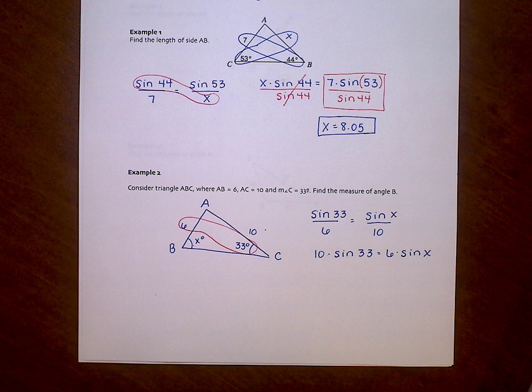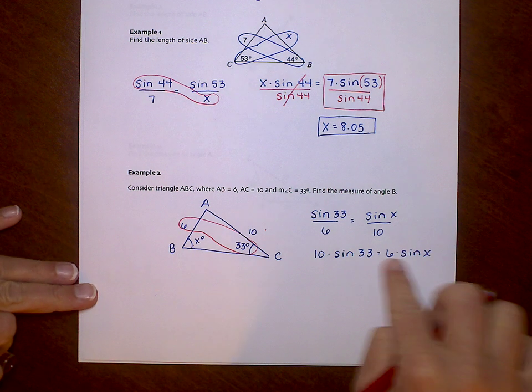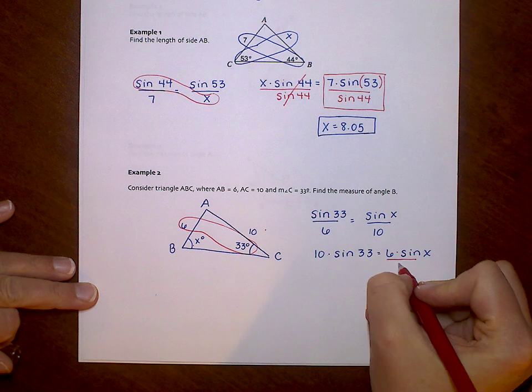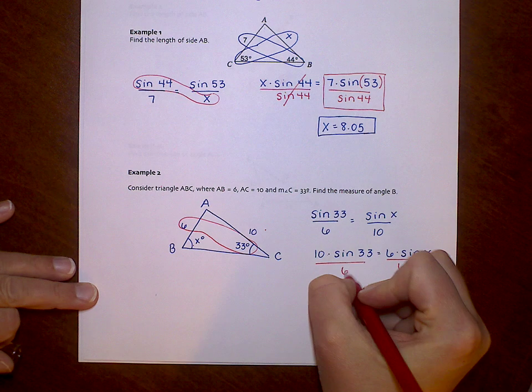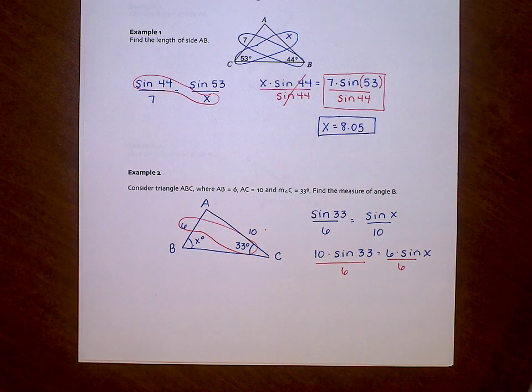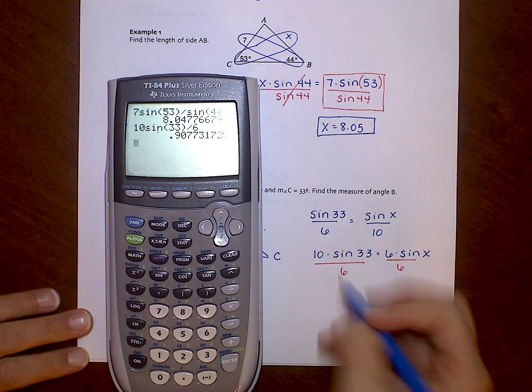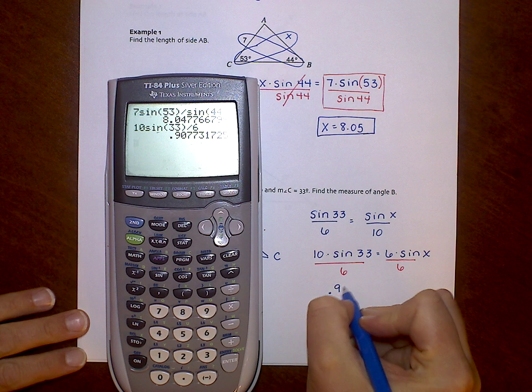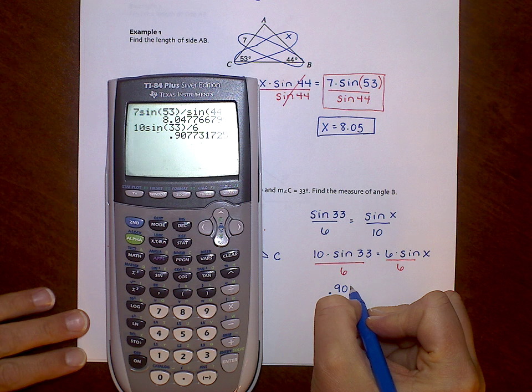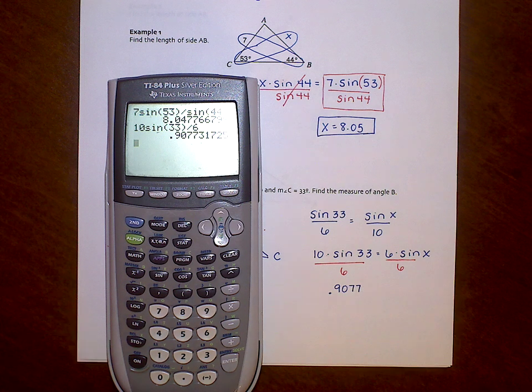And then, whoops, now I want to divide by the 6 because I'm trying to get the x by itself. So divide by 6, divide by 6. And I'm going to type this calculation in. So 10 sine 33, close my parentheses, divide by 6, and I end up with 0.9077. That's kind of weird for an angle measure.